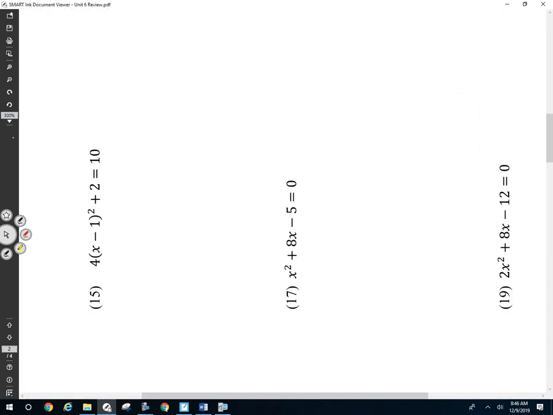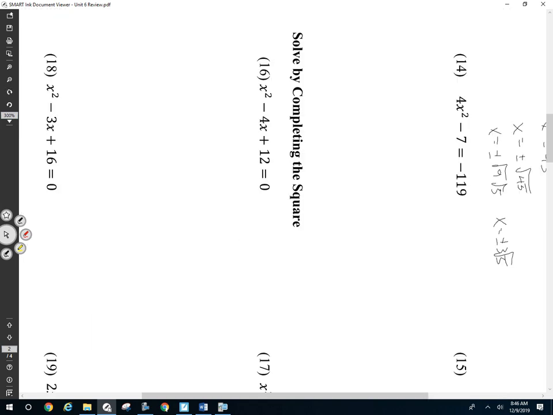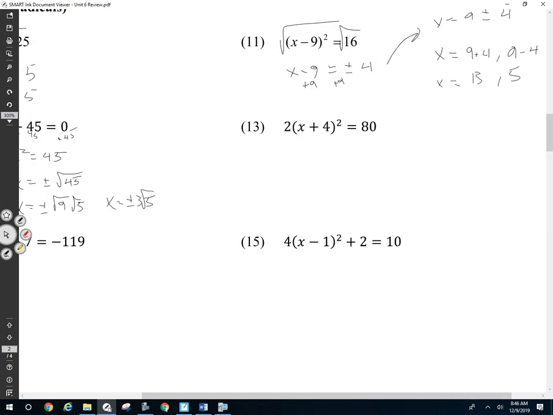For 13, isolate your x plus 4 squared by dividing by 2 first. Now when I divide by 2, I get x plus 4 squared equals 40. I'm ready to square root. I'll get x plus 4 equals plus or minus root 40. Try to find the largest perfect square.